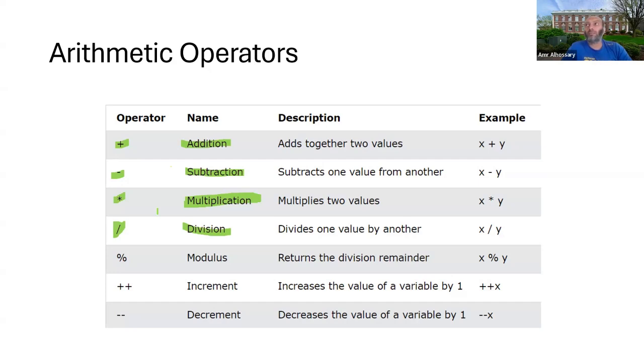If I divide 3 apples by 3 friends, what is the division output? 1. Okay. If I have 4 apples and I don't have a knife and I want to give apples to the same 3 friends, what is the output of the division?